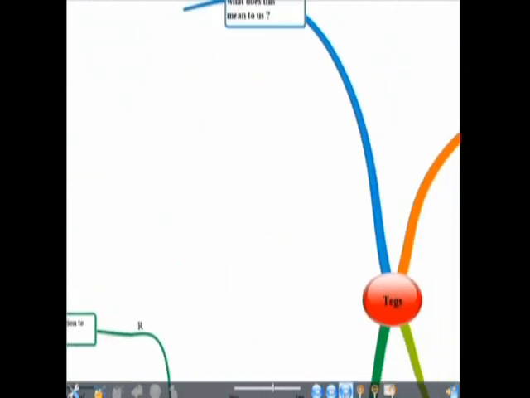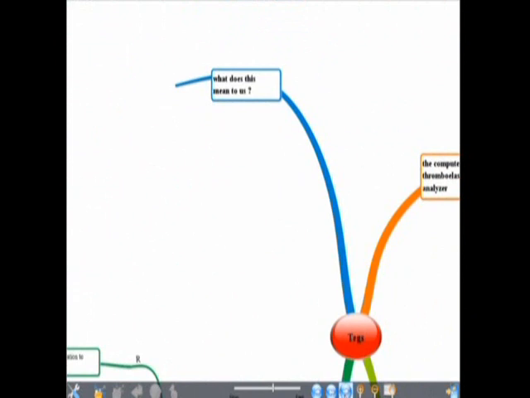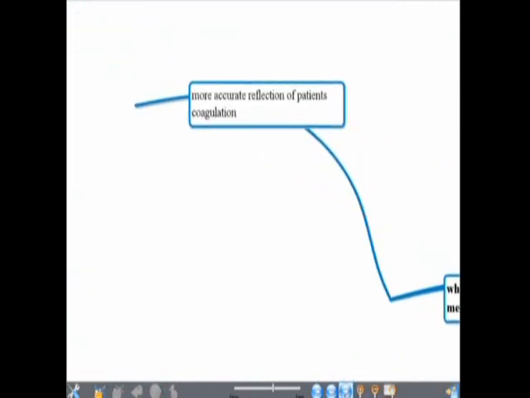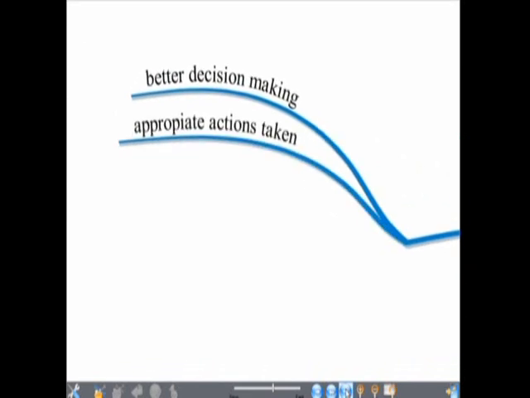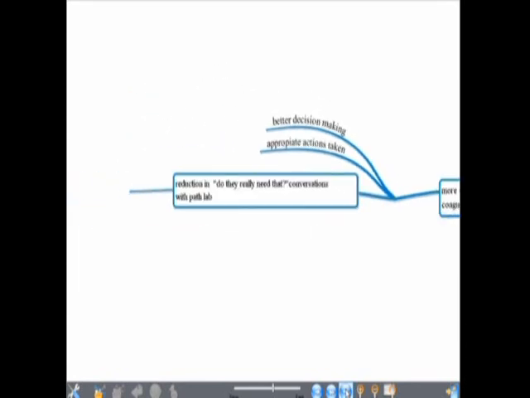So what does this mean for us? What does it mean for us nurses in ICU? Well, it's a more accurate reflection of the patient's coagulation. They're already using it at Glenfield. The anesthetist over there was very pleased with it. He says it allows for better decision making, appropriate actions to be taken, and a reduction in "do they really need that?" conversations with the path lab.